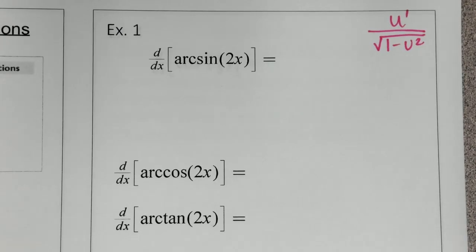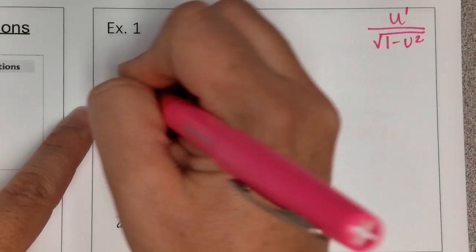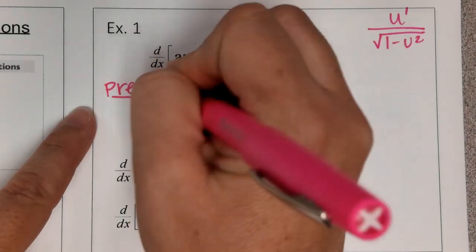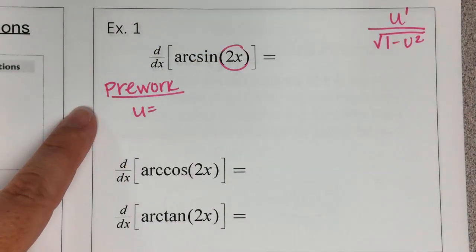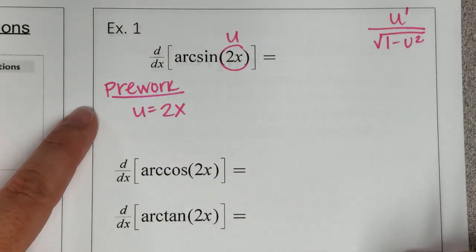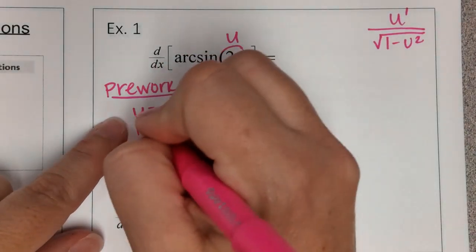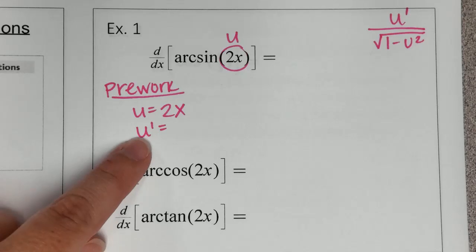Okay, so in this equation, what is u? u equals 2x, right here, that's your u. So somewhere below or beside it, I'm going to do what's called my pre-work. If you do this ahead of time, then it makes the derivative super easy. So, what is the derivative of u? That's just 2.